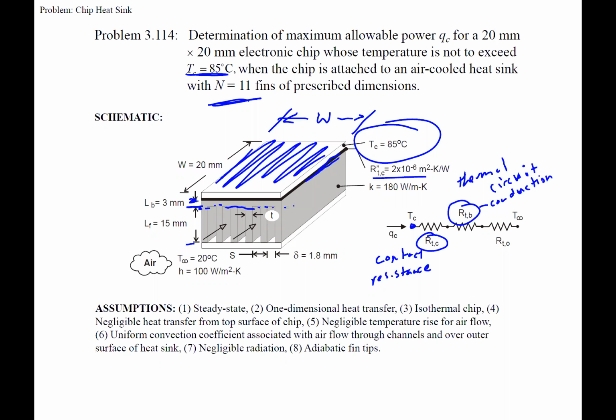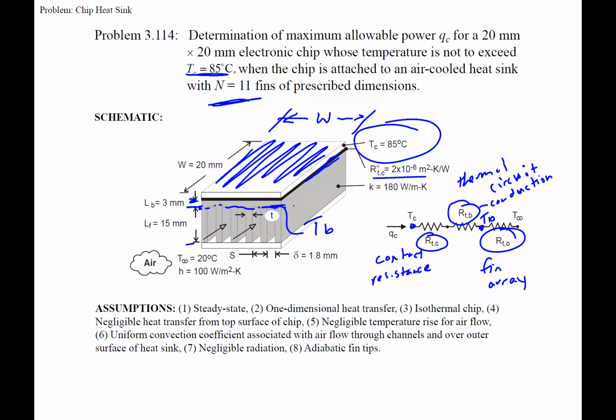Now the last we have is our fin array, and that takes us from the temperature of the base, which would be right there, all the way to T infinity. So that fin array includes all the fins, the convection and the conduction, into one resistor there.